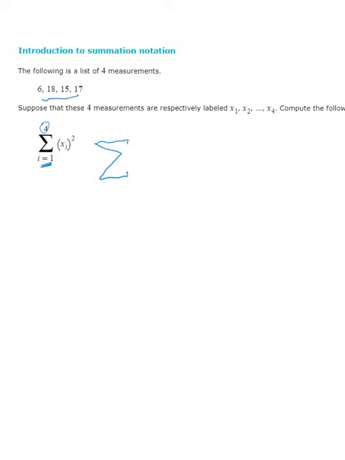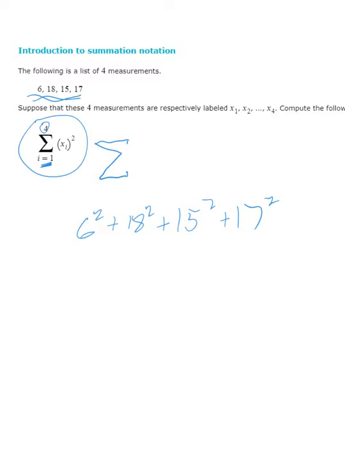Since that exponent is there, what it's asking me to do is add their squares together. So I'm going to add 6 squared plus 18 squared plus 15 squared plus 17 squared to get my answer. That's all that notation is saying: add the 4 squares of the numbers.